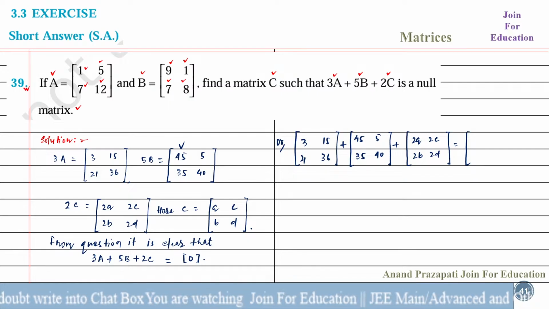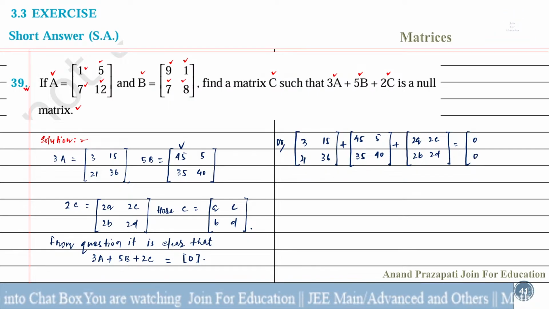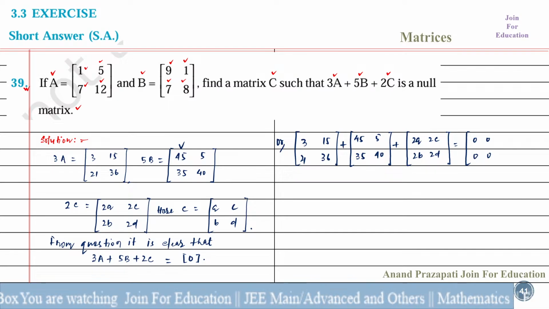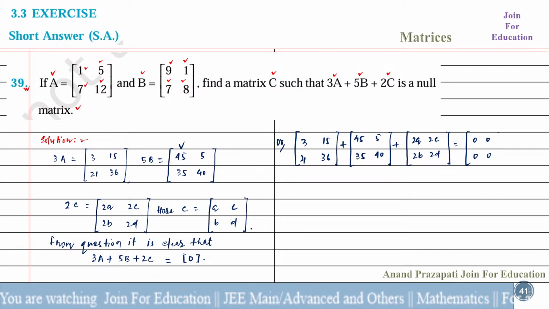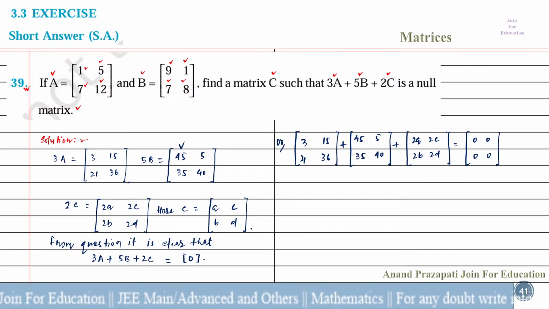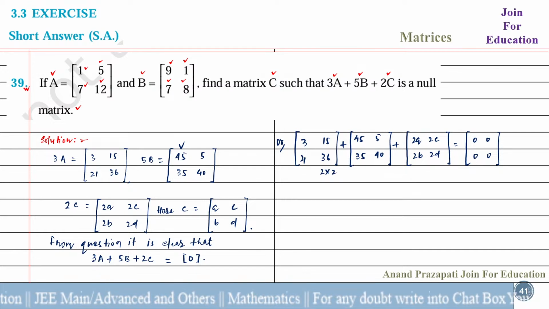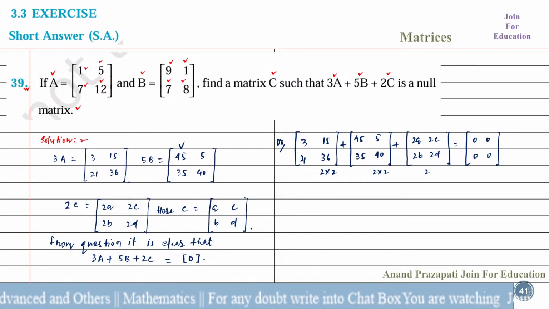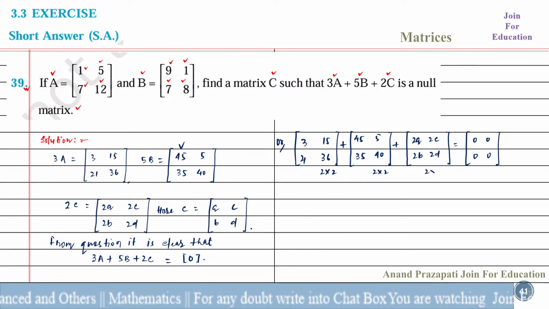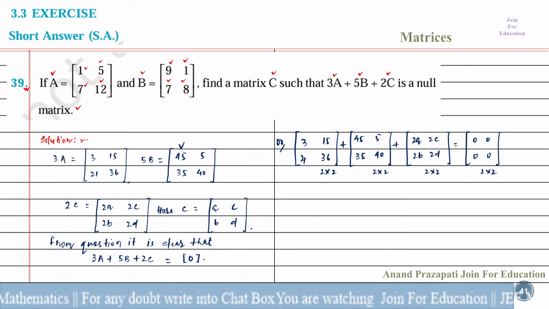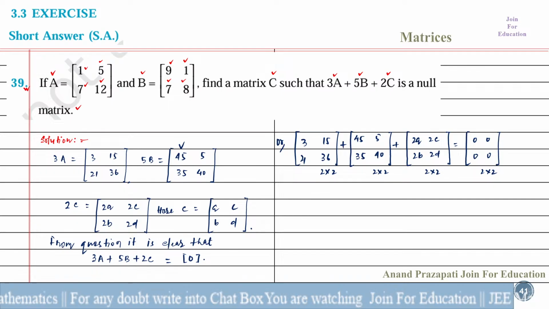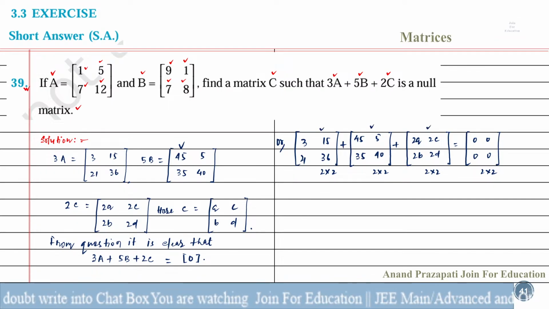It means 0, 0, 0 and this is the 0. The order of each of these is 2 by 2, so they are confirmed for addition.